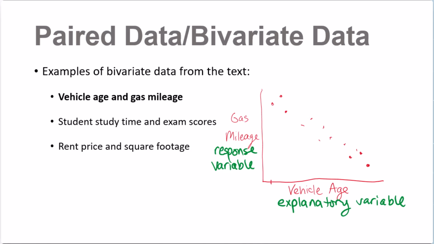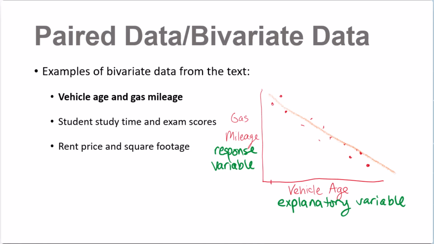Now we call them explanatory and response variables. You can certainly create a scatter plot that doesn't show any kind of relationship between the two variables, but that's really what we're looking for when we look at a scatter plot. So if I saw a scatter plot that looked something like this, I would see a negatively sloping trend line here where lower vehicle age is associated with higher gas mileage, and higher vehicle age is associated with lower gas mileage.